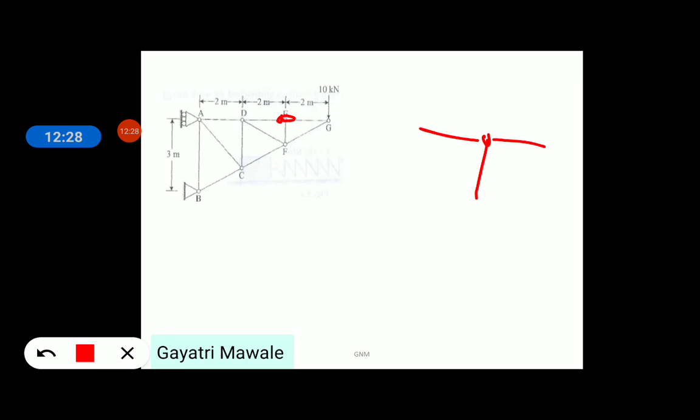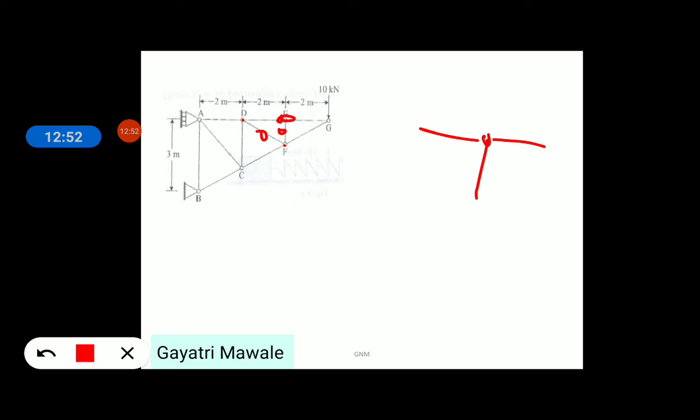So to balance this third force, there is no vertical force acting here. So the force in member EF must be 0. If force in this member is 0, then force in DF member will also reduce to 0, because again we have at joint F two collinear forces and the third force.